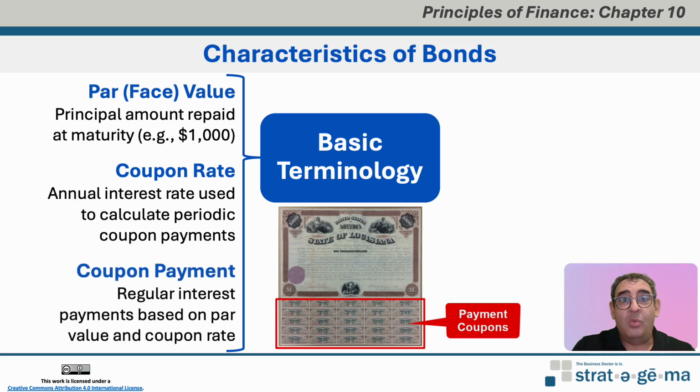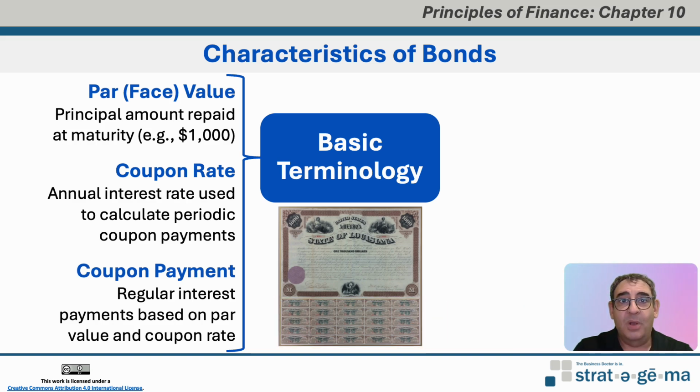So now we don't have physical bond certificates anymore. They've all been replaced. They're all done electronically. But these terms stem from the days where there was a bond certificate and these little coupons.